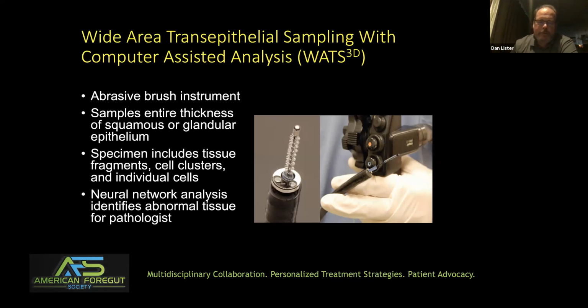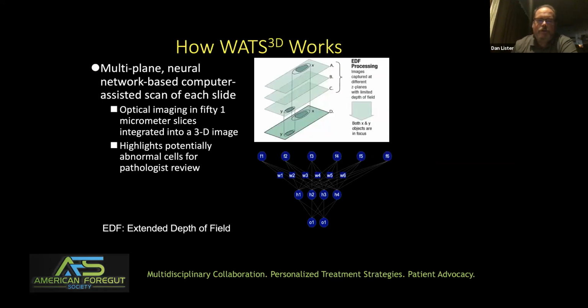And then on the slides you basically get a clump of 150 micron thick tissue that the computer, using a technology called extended depth of field, can basically slice through in 1 micron slices, and then the computer can recreate in 3 dimensions the glandular architecture.